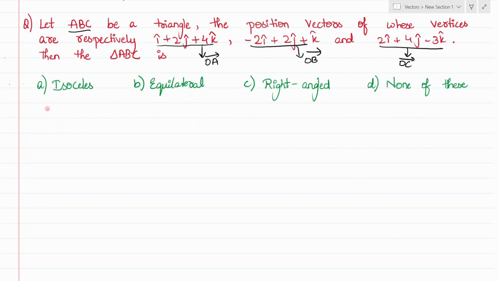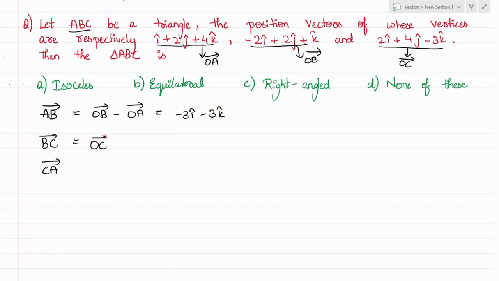first find the vectors of the sides of the triangle, that is AB, BC, and CA. So AB is nothing but OB minus OA. So OB minus OA is nothing but minus 3 i cap, 2j and 2j get cancelled, and minus 3 k cap.